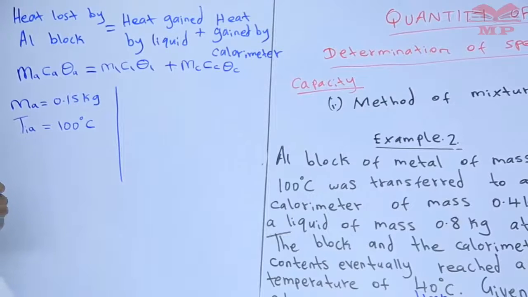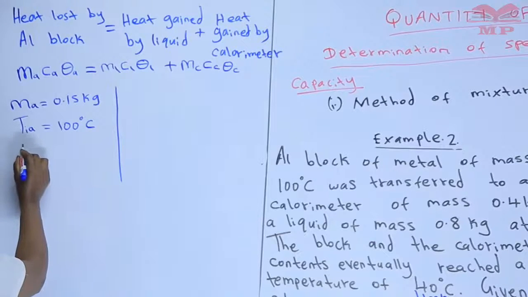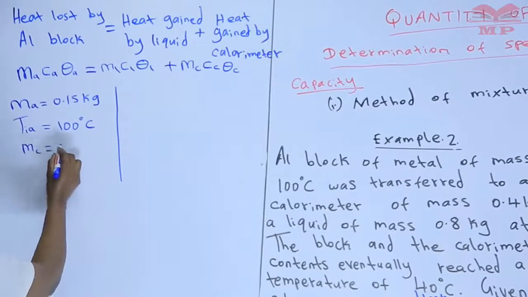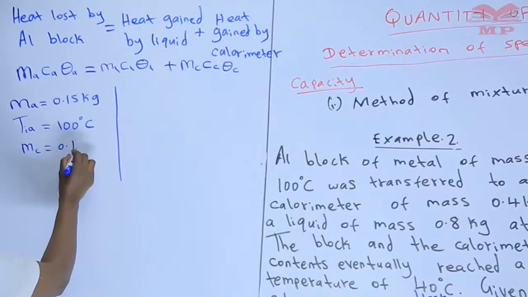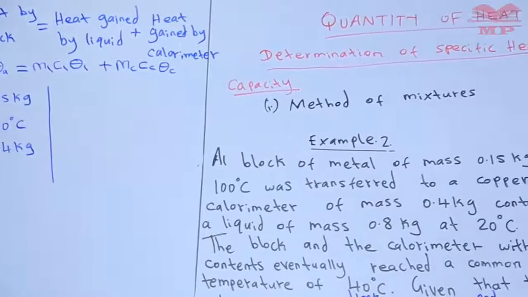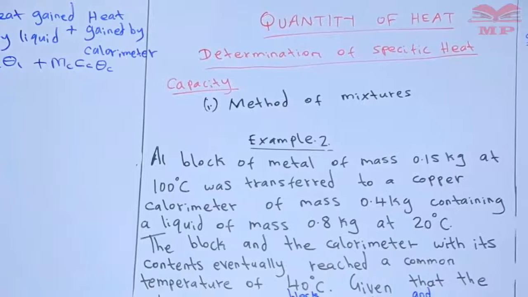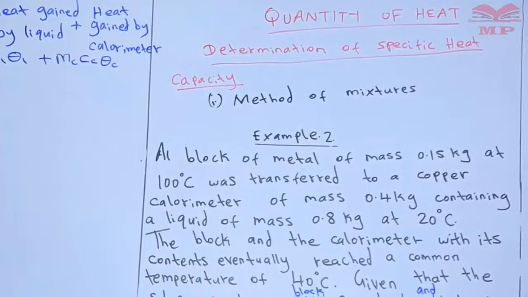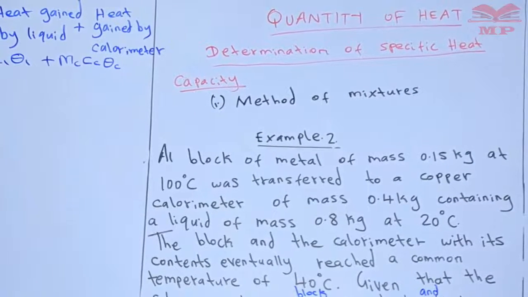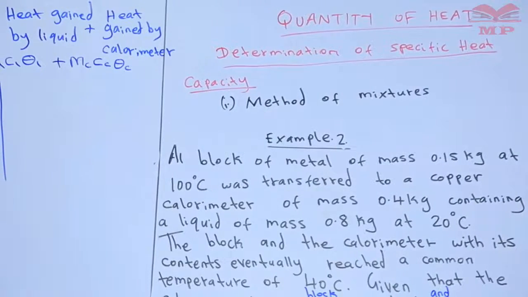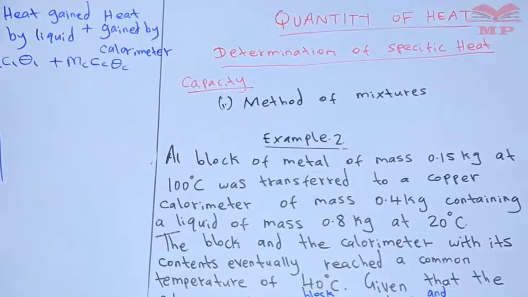Transferred to a copper calorimeter of mass, so the mass of the calorimeter is 0.4 kilograms, containing a liquid of mass 0.8. So the mass of the liquid is 0.8 kilograms at 20 degrees Celsius.